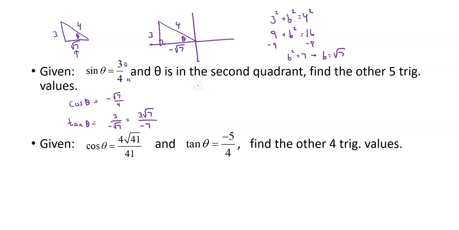So if sine and cosecant are reciprocals, cosecant of theta equals 4/3. Cosine and secant are reciprocals, so flip it over. I'll get 4 over negative root 7. Rationalize my denominator. And then for tangent and cotan, I'm going to flip over the original one, so 3 over root 7 will become negative root 7 over 3.